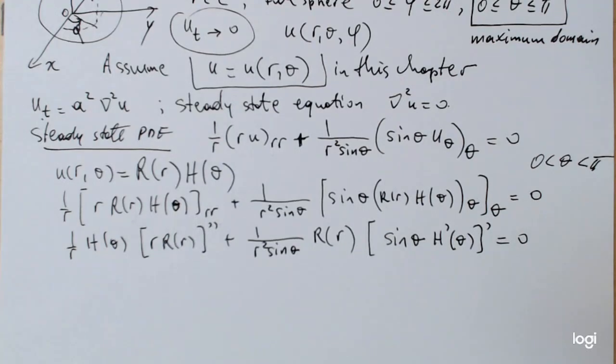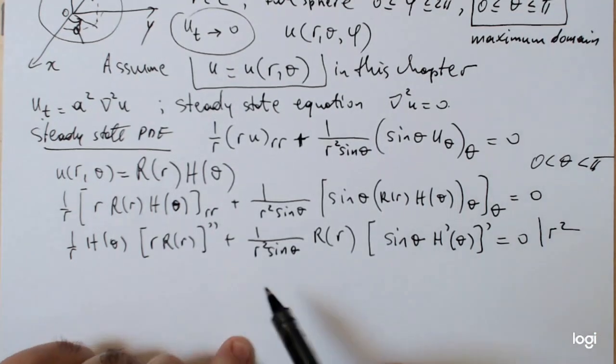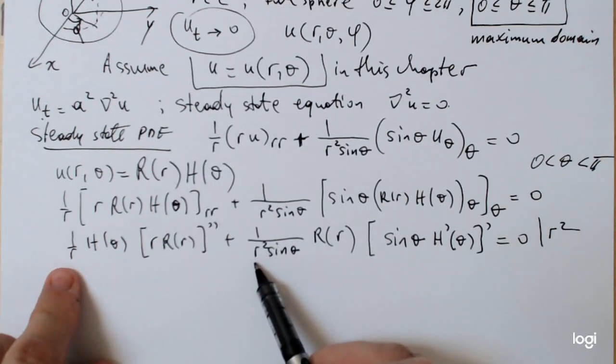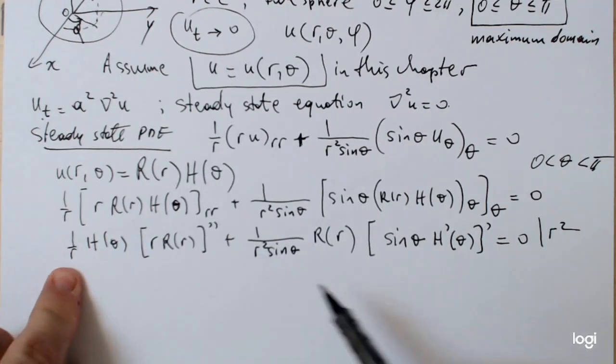All right, so obviously we can separate the two, and let's do another little simplification here so that I don't have this over r. Let's multiply both sides by r squared so that I can clear r squared from this denominator.